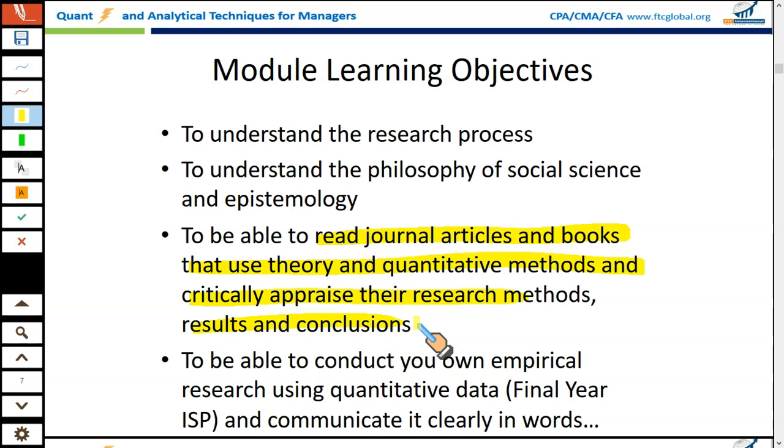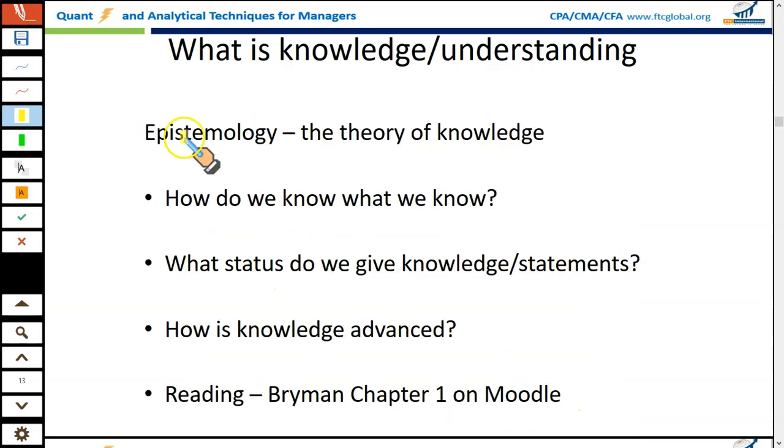And finally, to be able to conduct your own empirical research using quantitative data and communicate it clearly in words. So you will learn how to do your own research with numbers and explain it clearly.